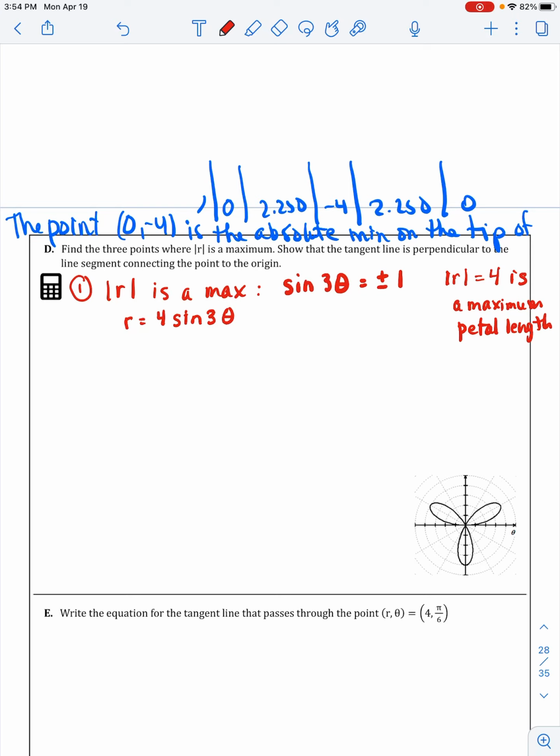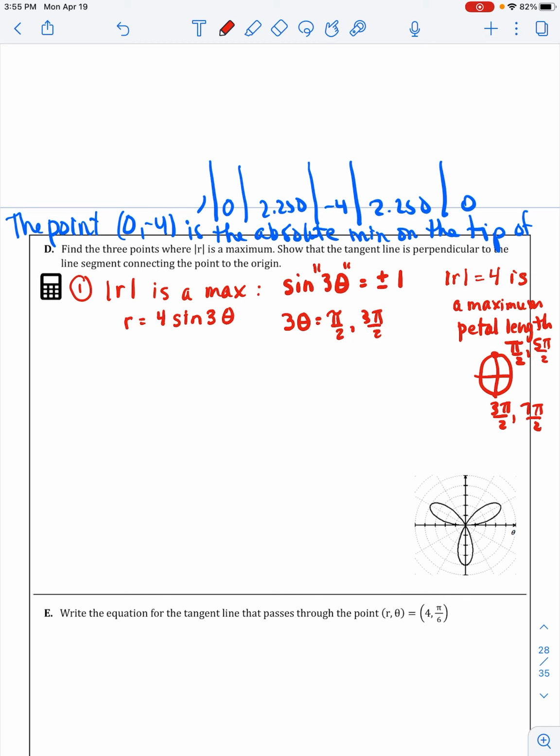Because we know the sine of any angle goes from positive 1 to negative 1. So let's think about, on the unit circle, we know that the sine is positive 1 at pi over 2 and all of those angles that land there, and at 3 pi over 2, and 5 pi over 2, and then 7 pi over 2, and we could also go into the negatives.